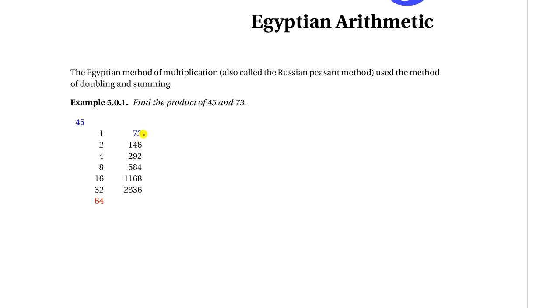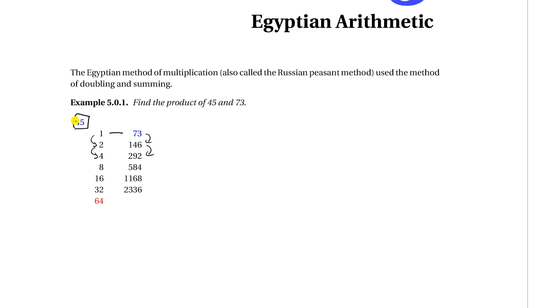So 73 is matching to number 1, then make it double. So 2 is matching to 146, then make it double again. So 2 changes to 4, and double of 146 is 292, and we just keep doing it until we hit this number. Sometimes that number is a doubling of this number 2, right?